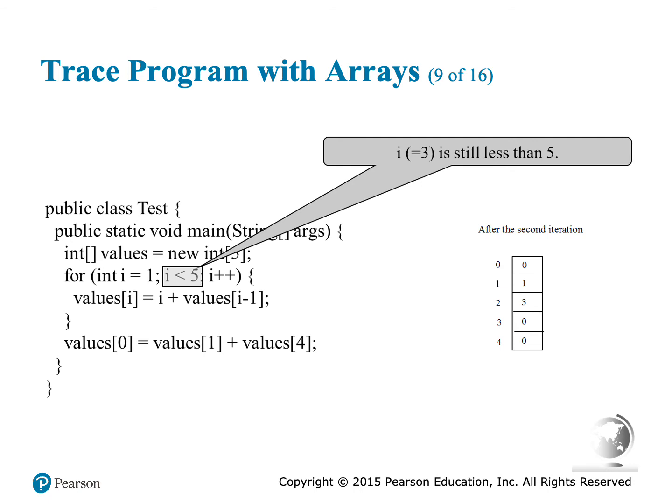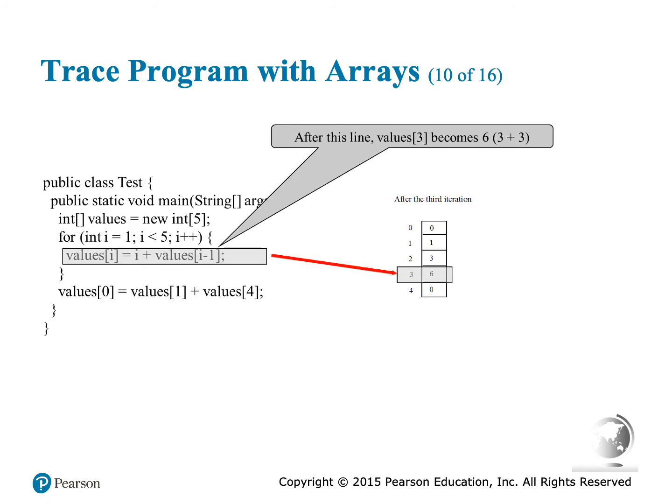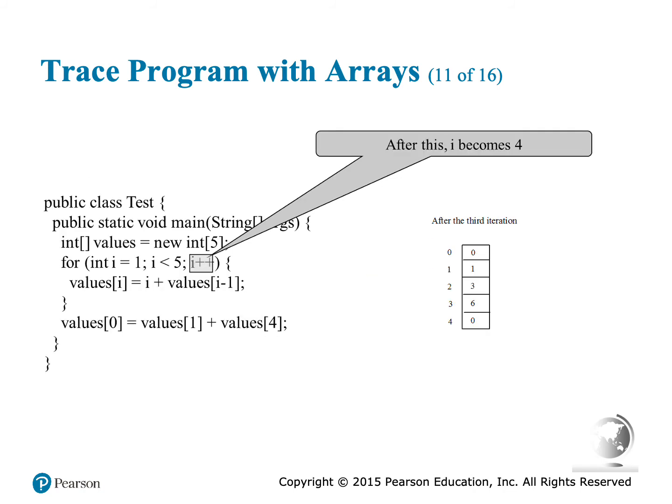The loop continuation condition evaluates to true, and the loop continues. Values sub 3 is assigned the value 6. i gets incremented to 4.